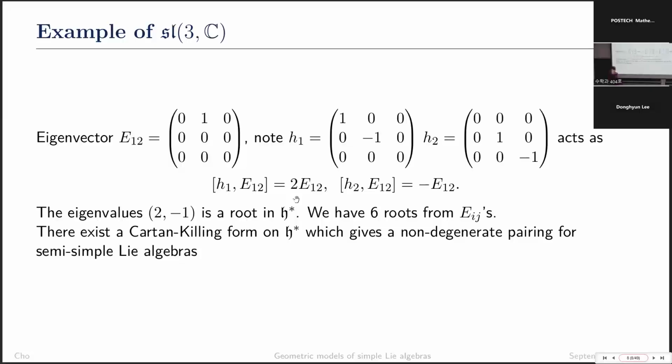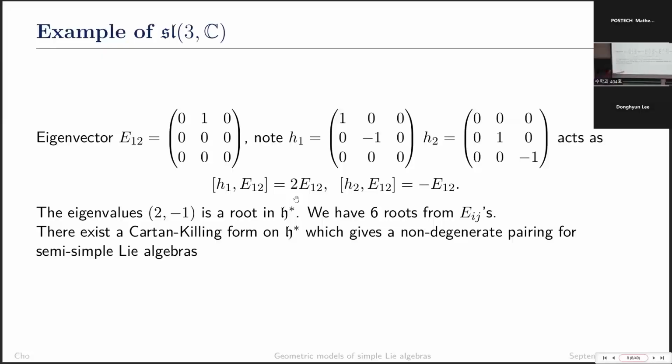So E12 is an eigenvector, and the eigenvalues 2 and minus 1, you can think of it as a linear functional on this Cartan subalgebra, right? Because it's 2 for H1 and minus 1 for H2.